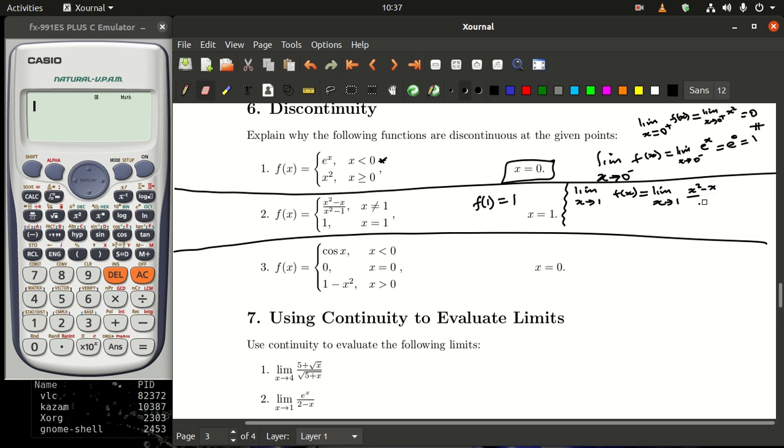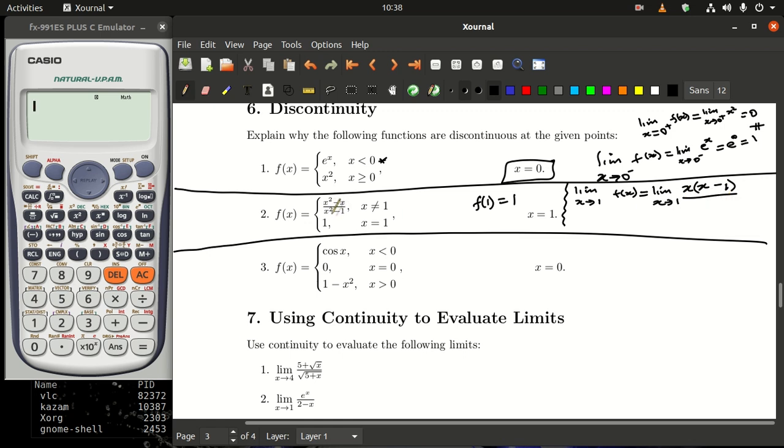To solve that limit, I need to factorize. The common factor here is x. I take x out, and I end up having x times x minus 1, and then I divide here.